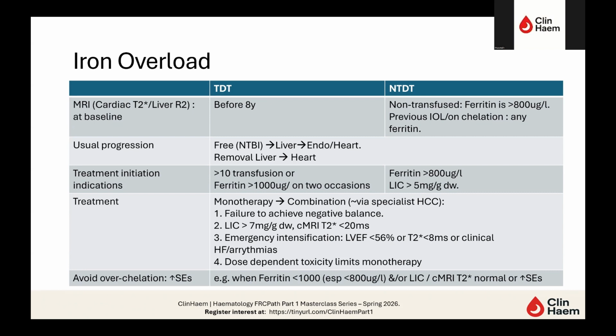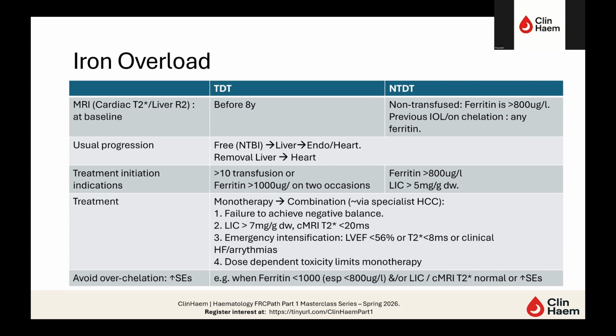But when do you do them? For transfusion-dependent thalassemia, you have to do them before 8 years of age. And for non-transfusion dependent, patients are more likely to develop iron overload as well if they do start getting transfusions.